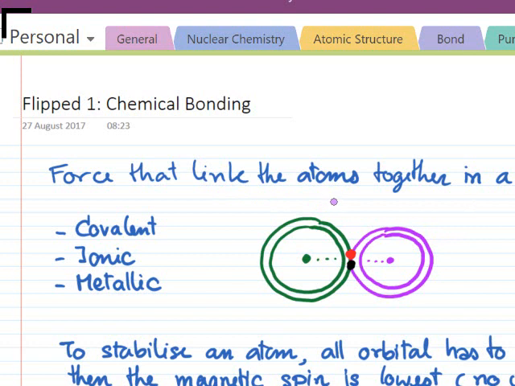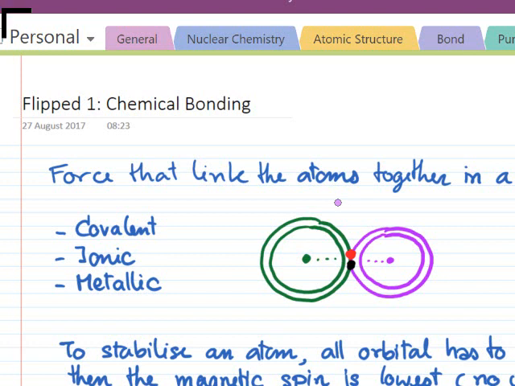Basically, each atom normally contains electrons, and as you know, electrons have potential energy. So the energy of the electron can be divided into magnetic forces and electronic forces.